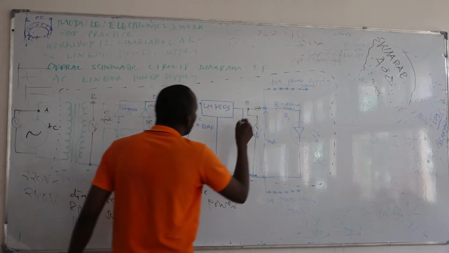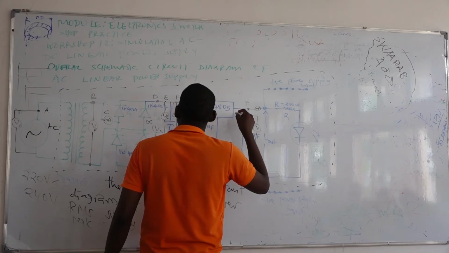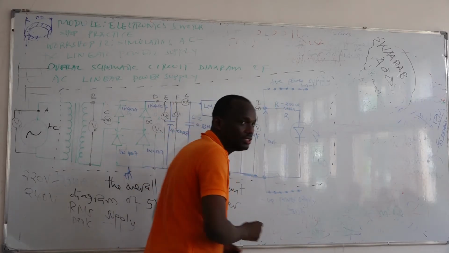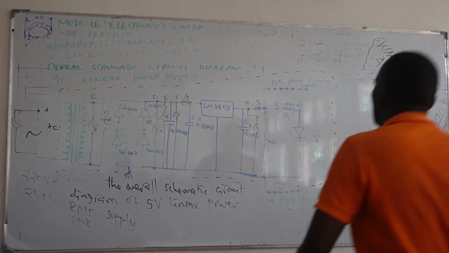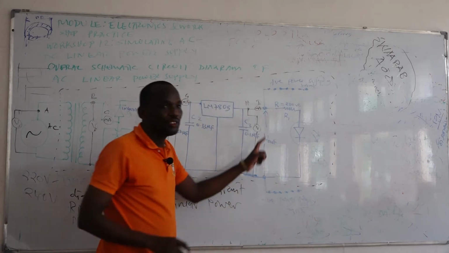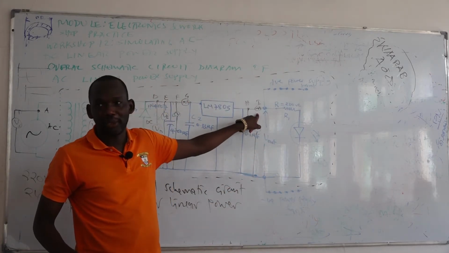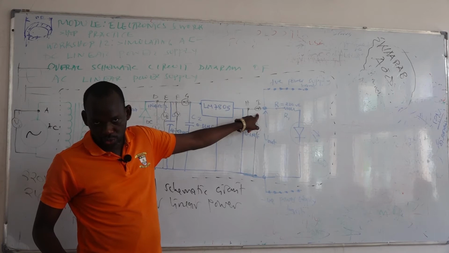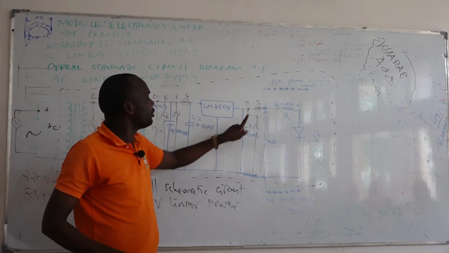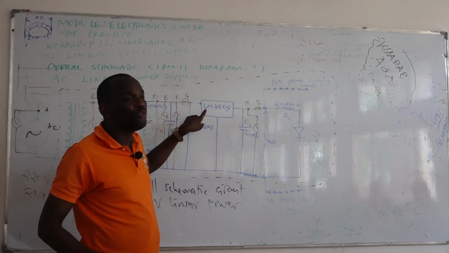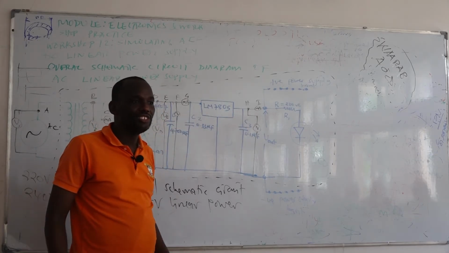And this point we need, H, A, B, C, D, E, F, G, H, I. So this is point I. We have the milliammeter, to know the output current of the regulator unit.